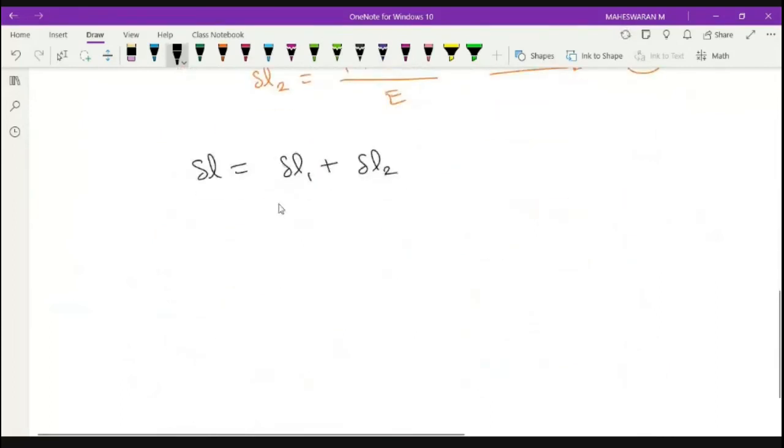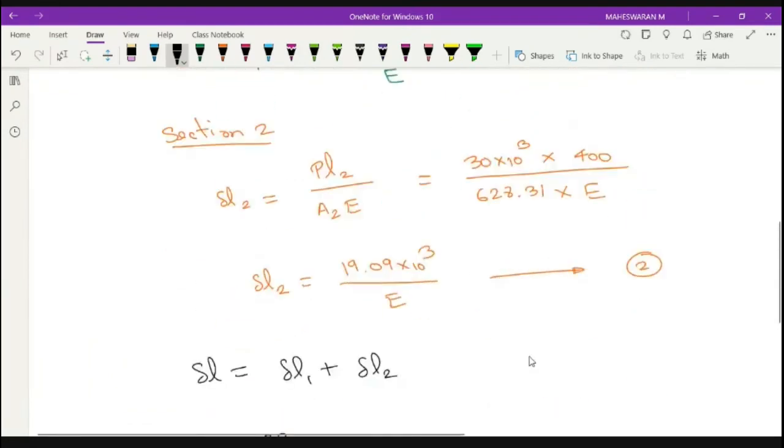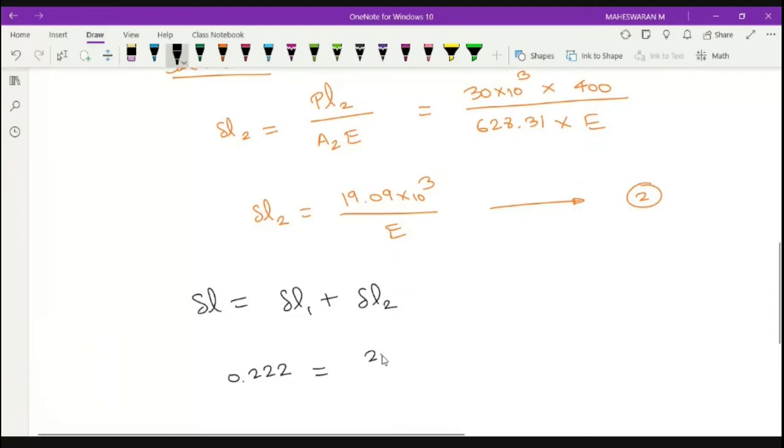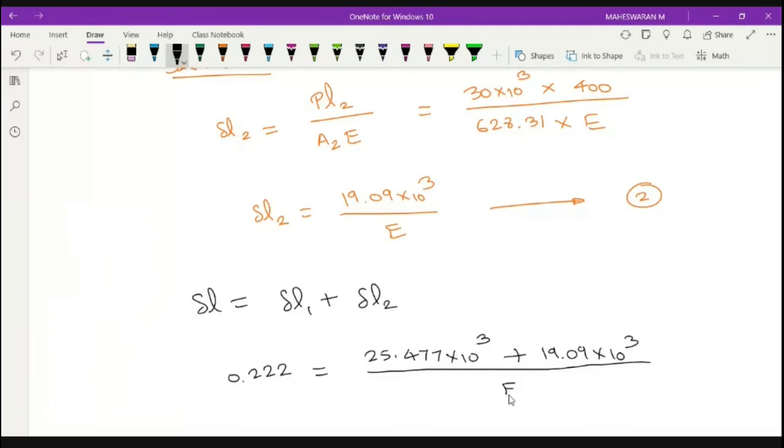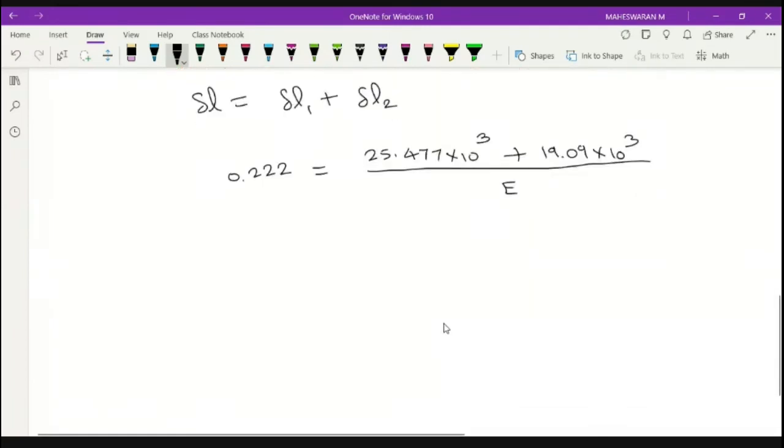So I will substitute it. 0.222 is equal to del L1, which is 25.477 into 10 power 3, plus del L2, 19.09 into 10 power 3, whole divided by E. E is a common term. That's why I am dividing this. Just cross multiply. So you will get E is equal to this entire term.